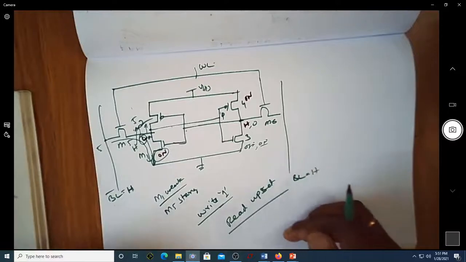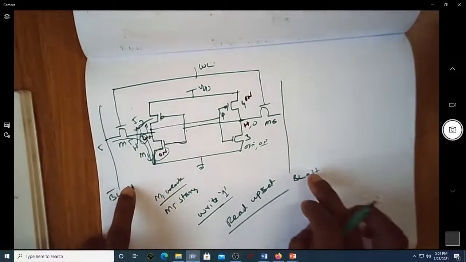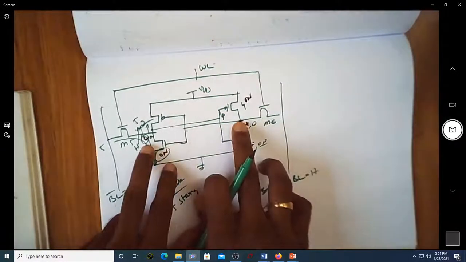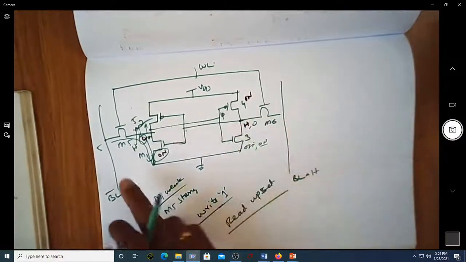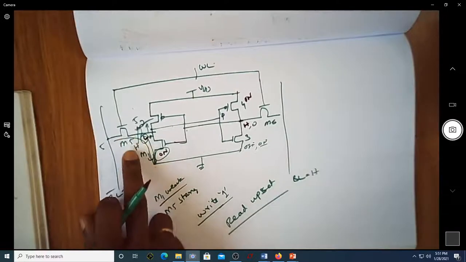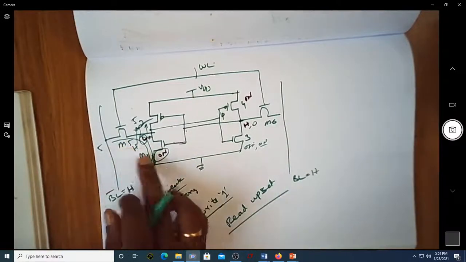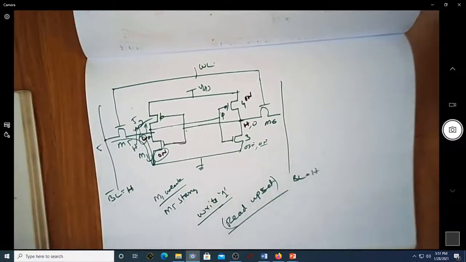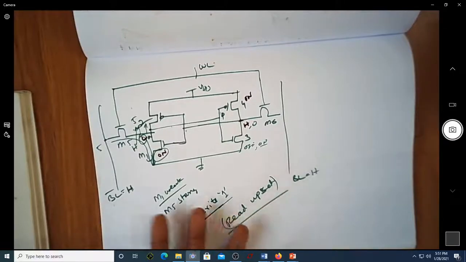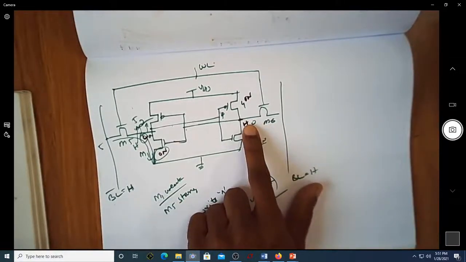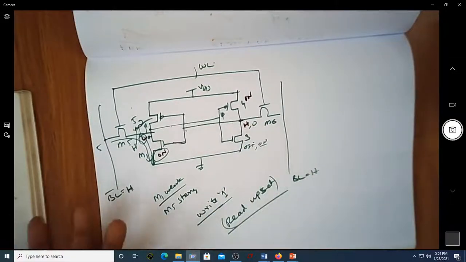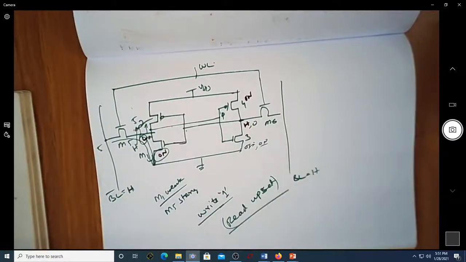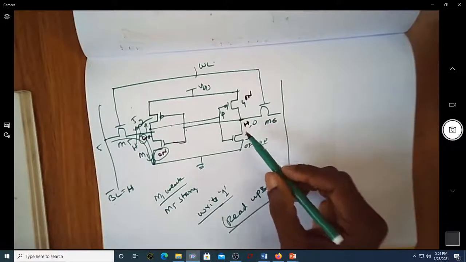The entire process of making both the bit lines high and then making the word line high is to read the value that is stored. But instead of reading it, I'm actually writing this value because of this assumption: this is weaker, this is stronger. It is called read upset because I'm supposed to read the value which was stored as high, but I'm ultimately ending up writing 1 onto this bit, and I'll ultimately have a 0 stored in this particular node.